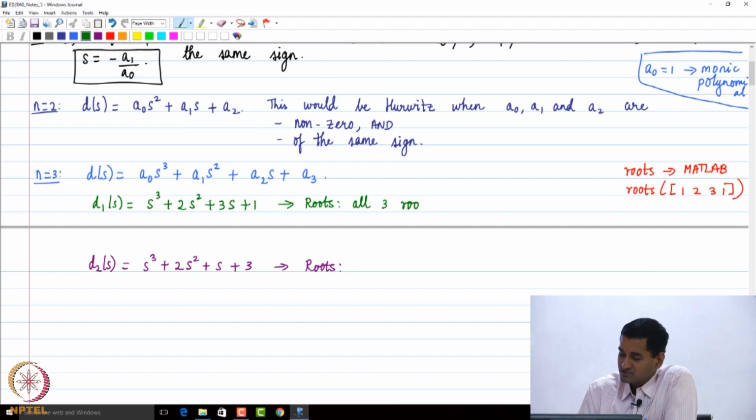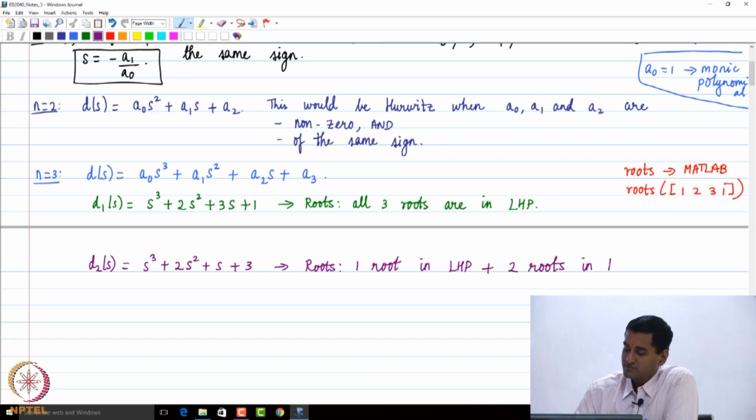All 3 roots are in LHP, the left of complex plane, in the first polynomial, while here, one root in LHP and 2 roots in RHP.